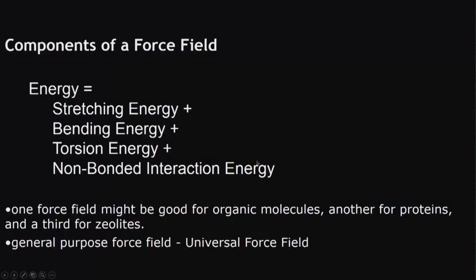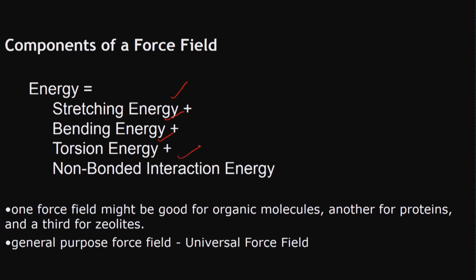In the force field approach, there are 4 energy terms. Stretching energy, that means the bond can get stretched or it can be compressed. Bending energy: if there are 3 atoms and 2 bonds, there could be bending. The third one is torsion energy, which is like the 3rd dimension, and the 4th one is the non-bonded interaction.